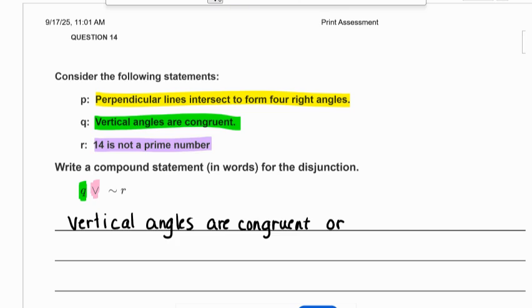And then we have to negate the R. So we have to take the R and negate it. Since there's already a not there, we're going to take it out to negate it. So to finish our statement, it would say, or 14 is a prime number.